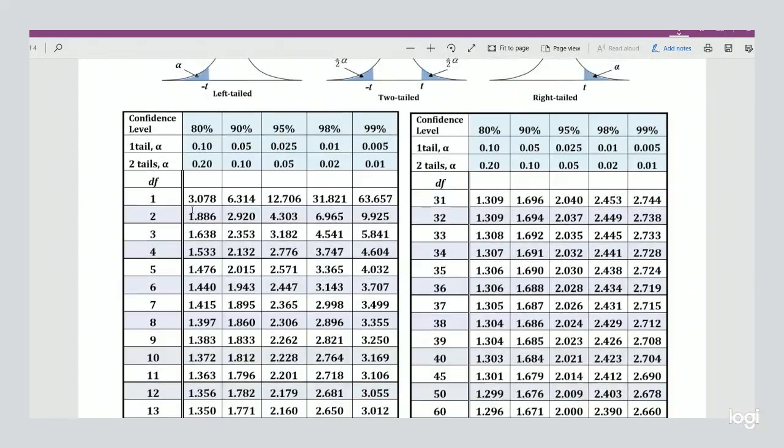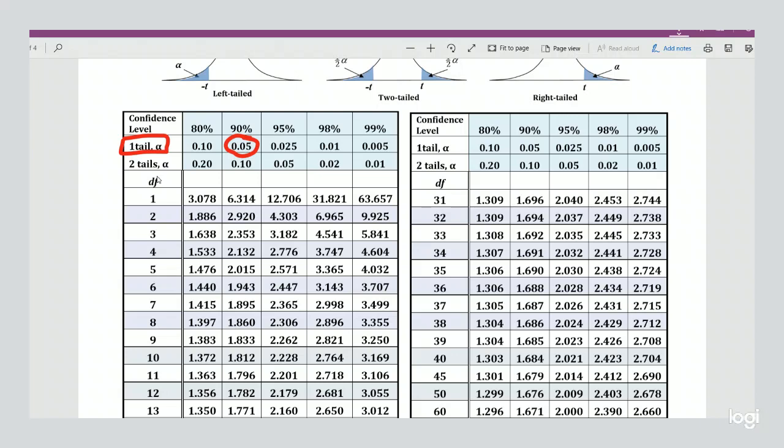So we go to our t-table, and here we have one tail of size 0.05. Now most t-tables will define the columns based on the size of one tail. This particular one defines the columns based on one tail or two tails or the confidence level.